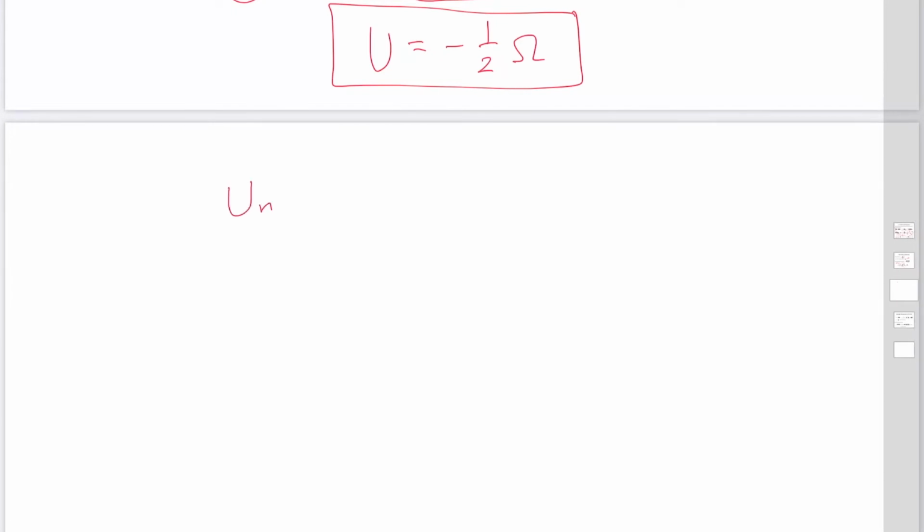In the really simple case of uniform density, the density is constant, so rho is constant. In this case, the total mass is expressed as density times 4 pi over 3 times capital R cubed, where capital R is the radius of the star.